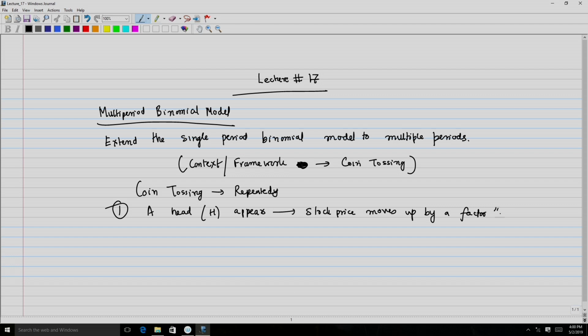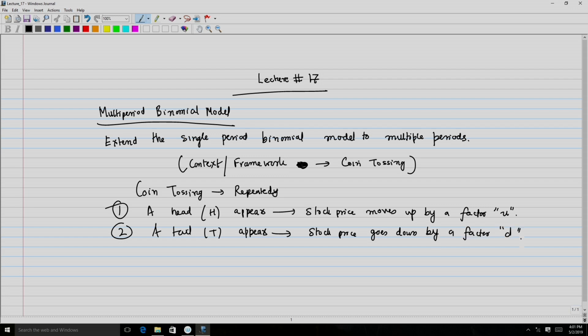Remember, we had the up factor of u, and secondly a tail appears, and in this case the stock price goes down by a factor of d.